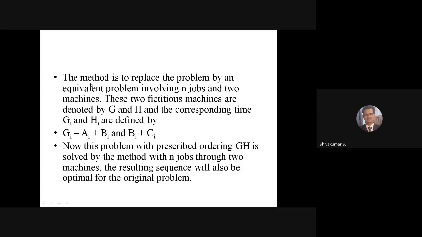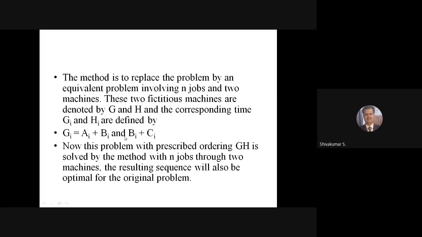Now the method is to replace the problem by an equivalent problem involving n jobs and two machines. You are replacing the entire problem, making it an n jobs two machines problem. These two fictitious machines are denoted by G and H, and the corresponding times Gi and Hi are defined by G equals A plus B and H equals B plus C. Sorry, I didn't write H here.